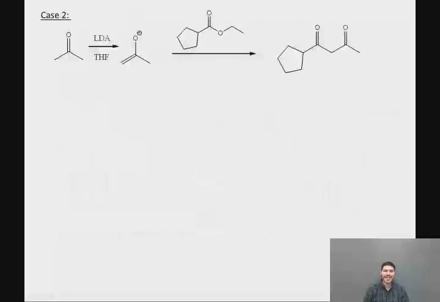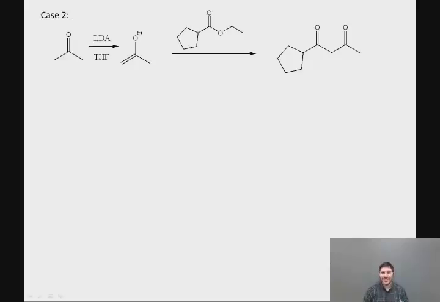Okay, now let's look at case 2. In this case, we're using a ketone enolate, so we're going to start with acetone, our simplest ketone, deprotonate it using LDA to make the enolate of acetone, and then we're going to add the second ester.